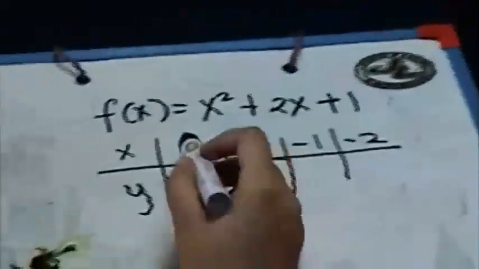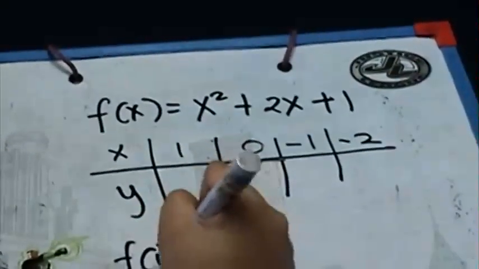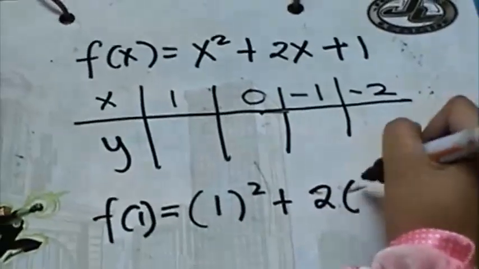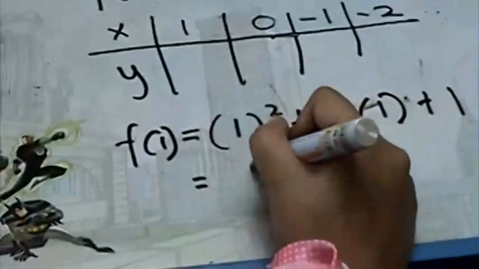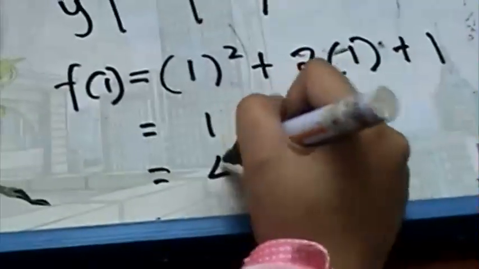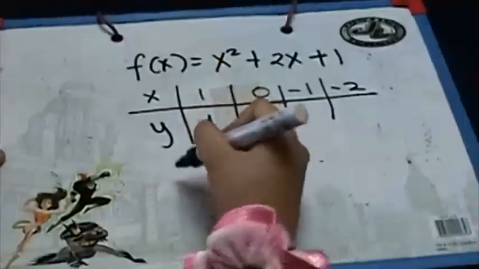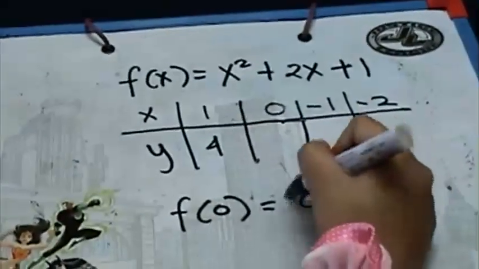So let's try for 1. F of 1 is equal to 1 plus 2 times 1 plus 1. So it's equal to 1 plus 2 plus 1, which is equal to 4. So y is 4.